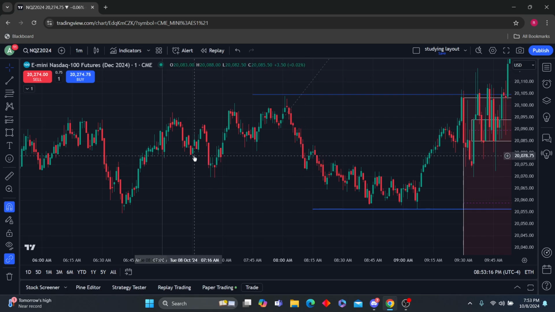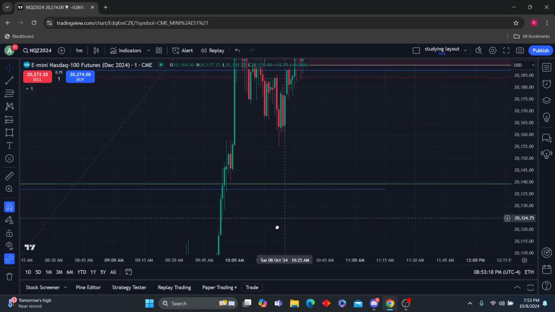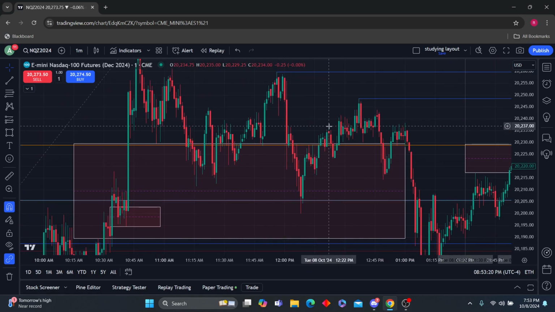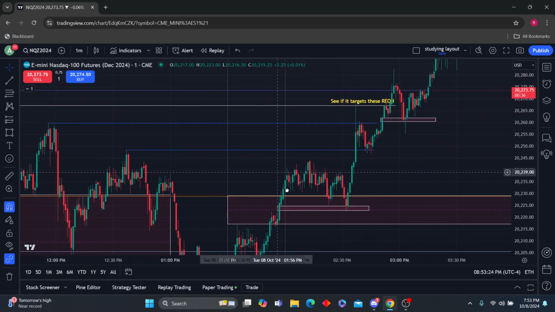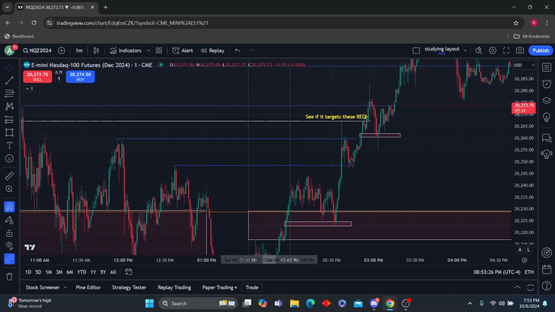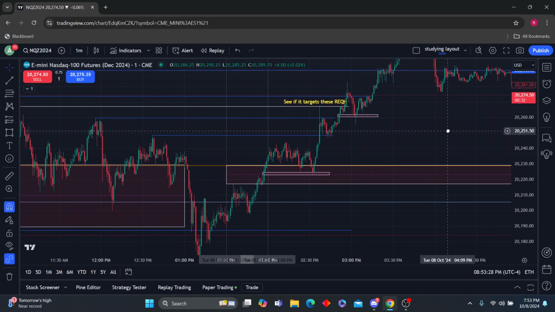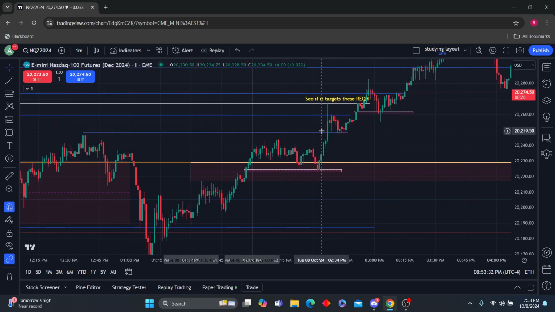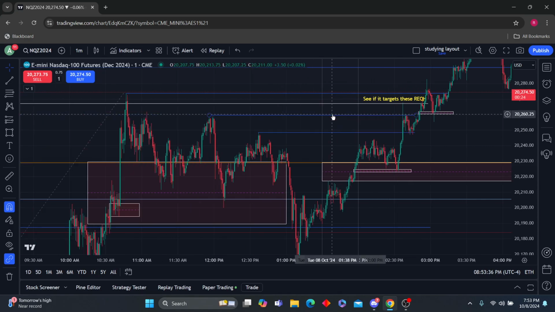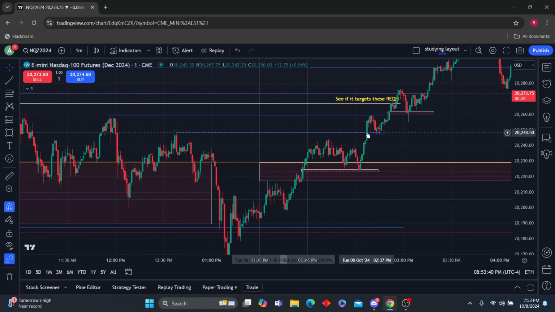Multiple candles closing. My target's being higher. Closes above. Keeps on wanting to close above this. Leaves this fair value gap.